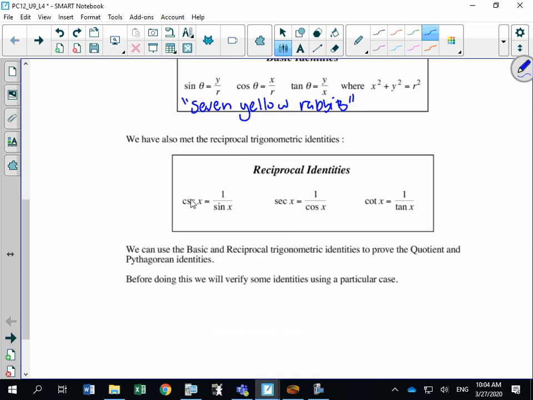Then we've done reciprocal identities, right? So cosecant is the reciprocal, 1 over sine, secant is 1 over cos, and cotan is 1 over tan. Basically, all I'm saying is I could pick any value for x over here, and plug it in on the left-hand side and the right-hand side, and if they're equal, my identity is what we call true, okay?